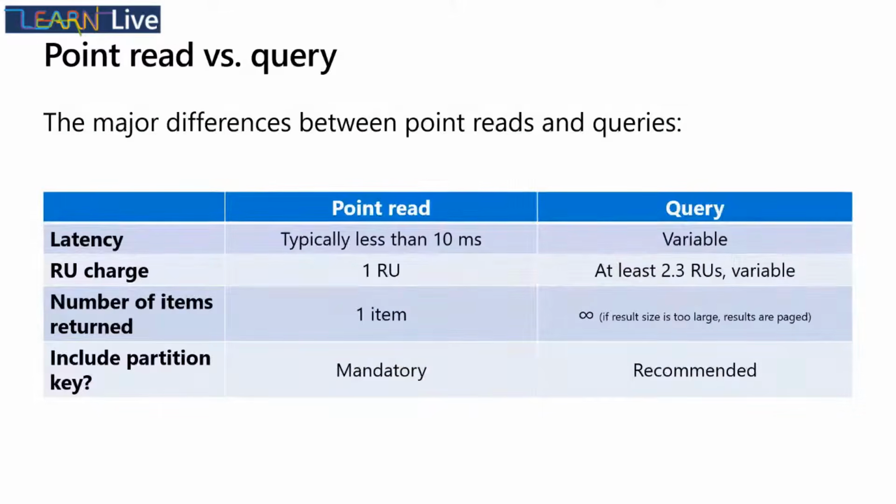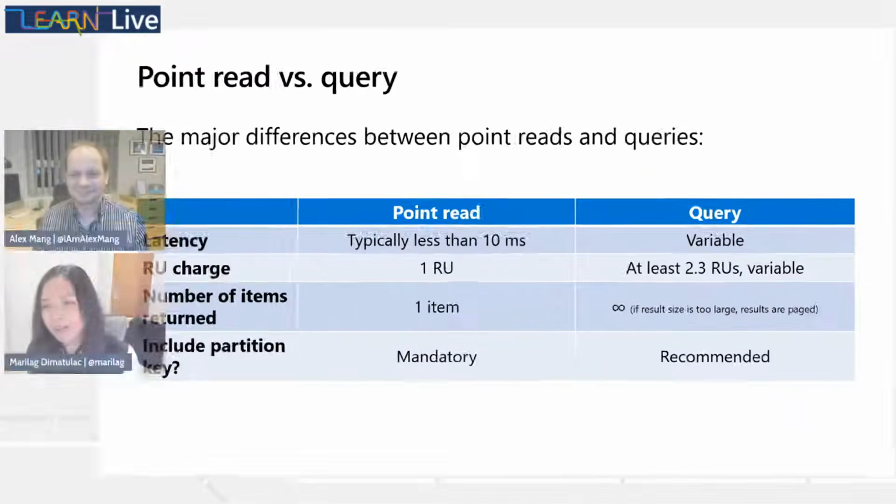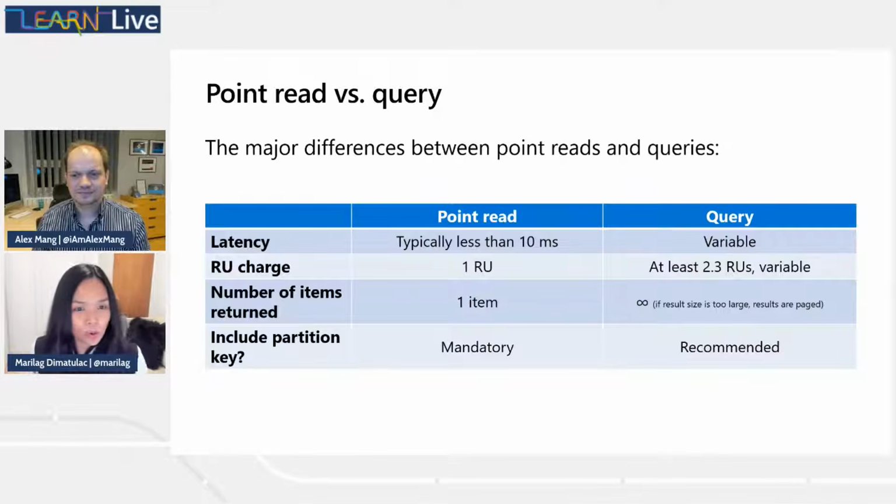When you do the point read, it automatically returns just one item, versus if you do the query, it can return many. If the result size is large, then it can also be paged.